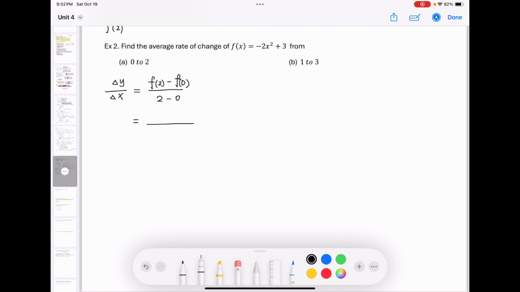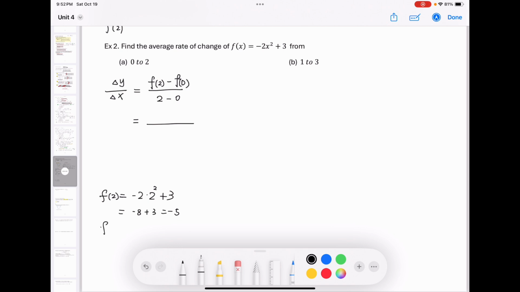And what is f of 2? On our scratch paper, we can evaluate. f of 2 is equal to -2 times 2 squared plus 3. It is -8 plus 3, which is -5.